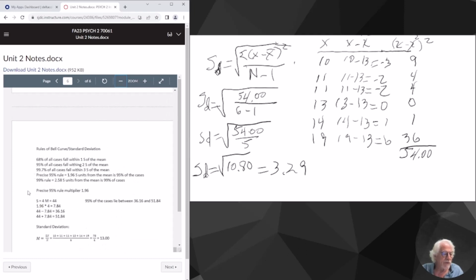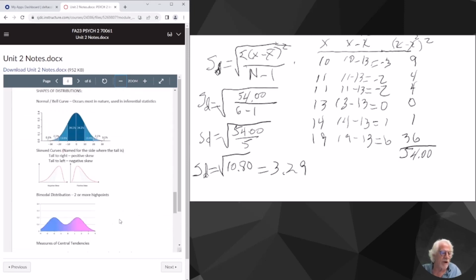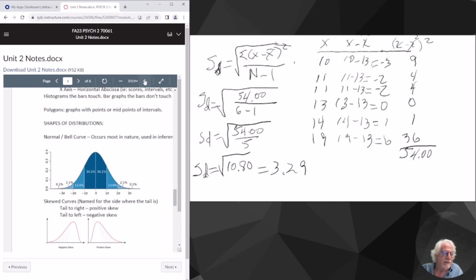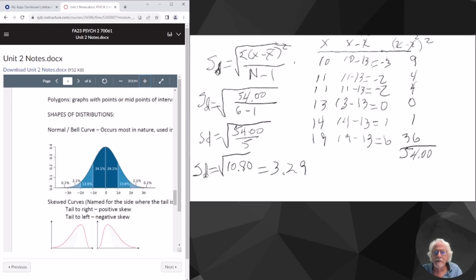But now I want to talk to you about the rules, okay? And that's why this is all marked up like this. Right? And let me see if I can zoom in and help it get a little better. All right, so you can see it a little bit better over here now. So here's the mean, median, and mode, like we said, and this is one standard deviation above the mean.